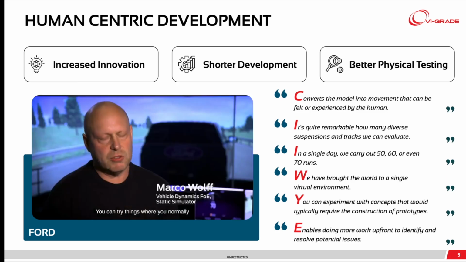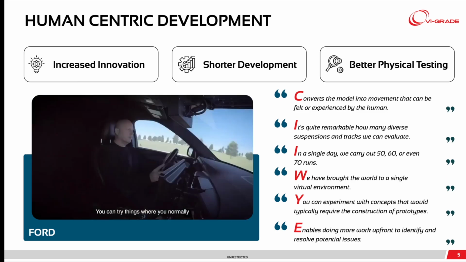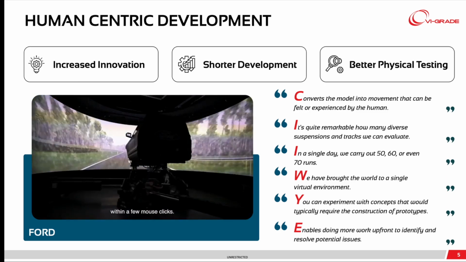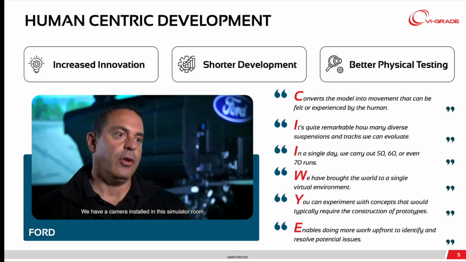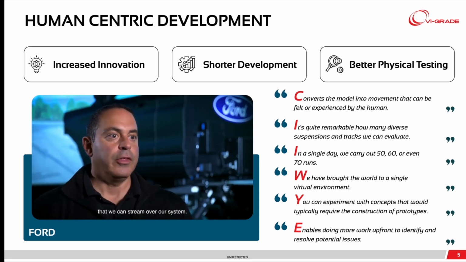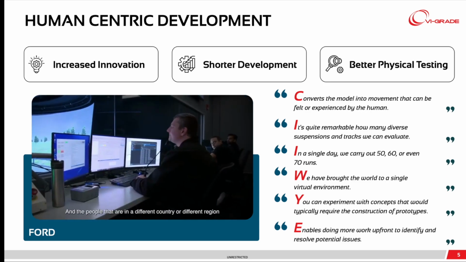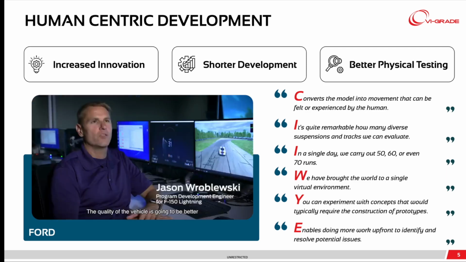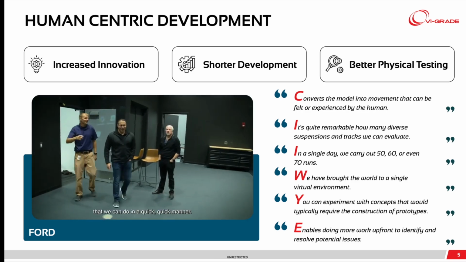And from the physical testing point of view, an approach based on simulation and driving simulators improves efficiency, because by the time the prototype is built, it is much closer to the desired target, and so reduces the number of iterations required.